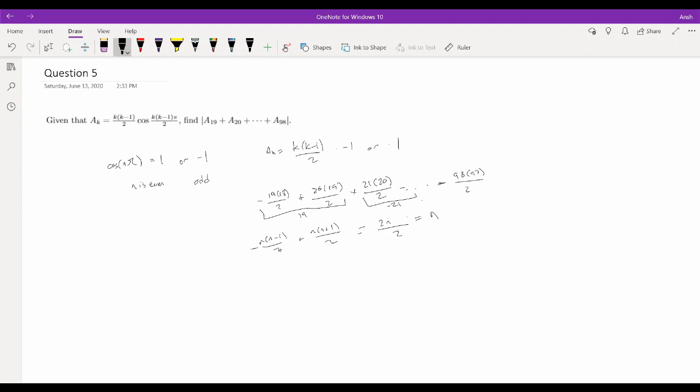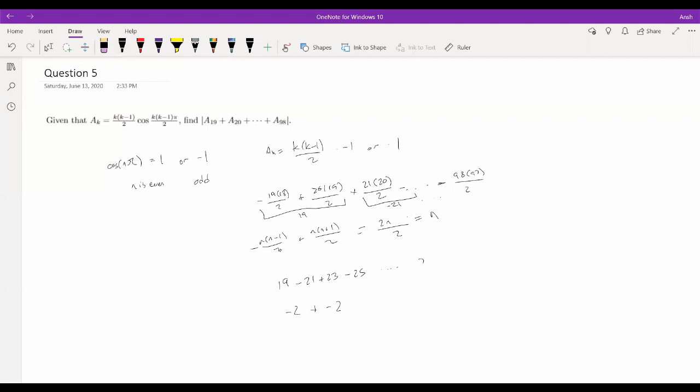So this would just be summing alternating odd numbers like 19, negative 21, 23, negative 25, all the way until 97. If we pair these terms up yet again, each pair just sums to negative 2. We would have 19 minus 21 is negative 2, 23 minus 25 is negative 2, and so on.